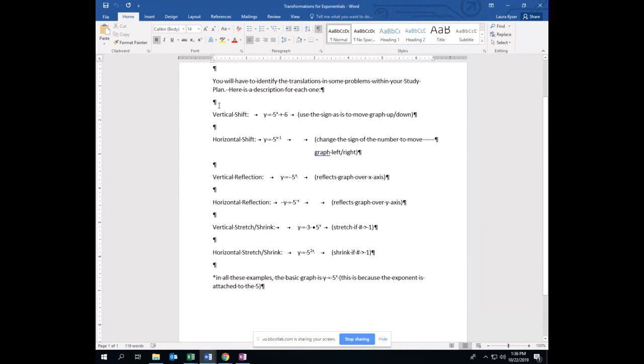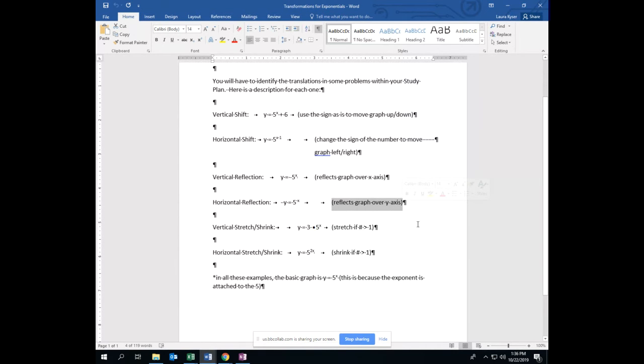If we look at this sheet, the negative being found in the exponent is right here. Y equals 5 raised to the negative x power. When that happens, the negative in front of the x creates a horizontal reflection. That means it's reflecting the graph over the y-axis.